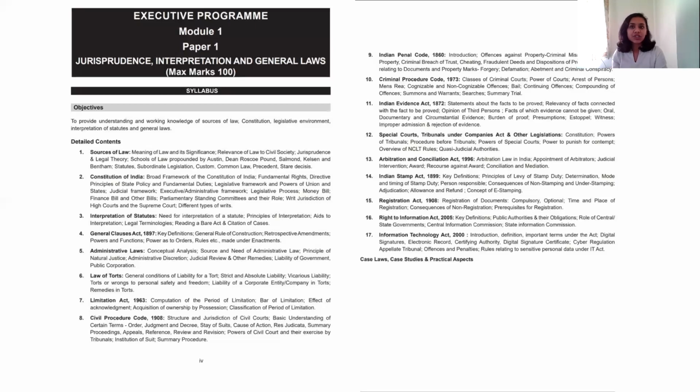Coming to the Registration Act. The Registration Act, I would say, is a kind of continuation of the Indian Stamp Act. While the Indian Stamp Act is considered a general law, the Registration Act is a special law. Why would I call it a special law? Because there are certain provisions in the Indian Stamp Act which state that in such a scenario, certain documents need not be registered.